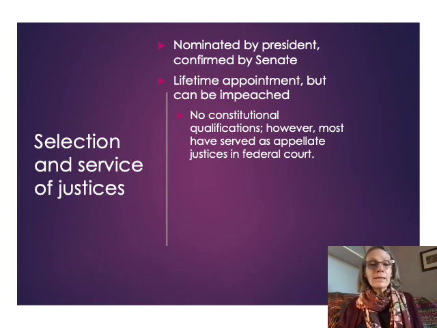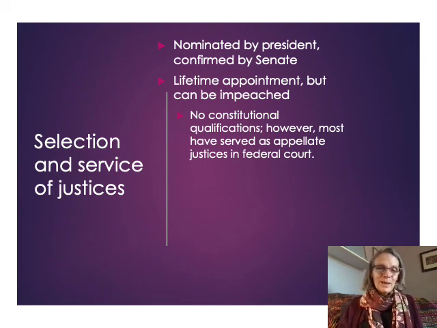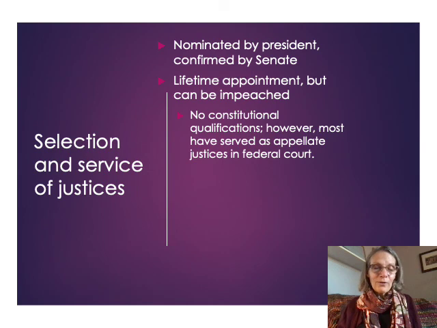There is no constitutional qualification to be a chief justice or a federal judge. However, while there aren't constitutional qualifications, there are norms in terms of qualifications. Usually people who serve on the federal bench went to some of the best law schools in the United States.